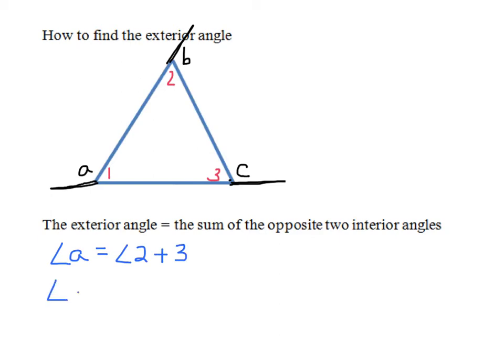Angle B equals, what are the ones on the opposite side of the triangle? Angle 1 plus angle 3. And angle C equals, see if you can figure it out, angle 1 plus angle 2. So what you do is add the 2 opposite angles and you get what the exterior angle equals.